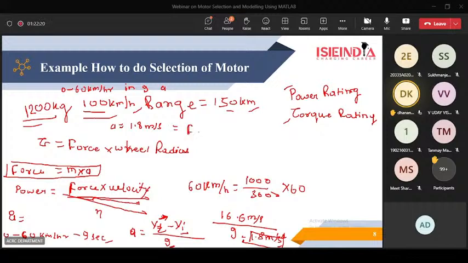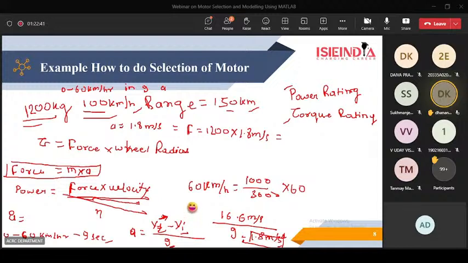So the force will be, what? 1200 into 1.8. So what is the force here?